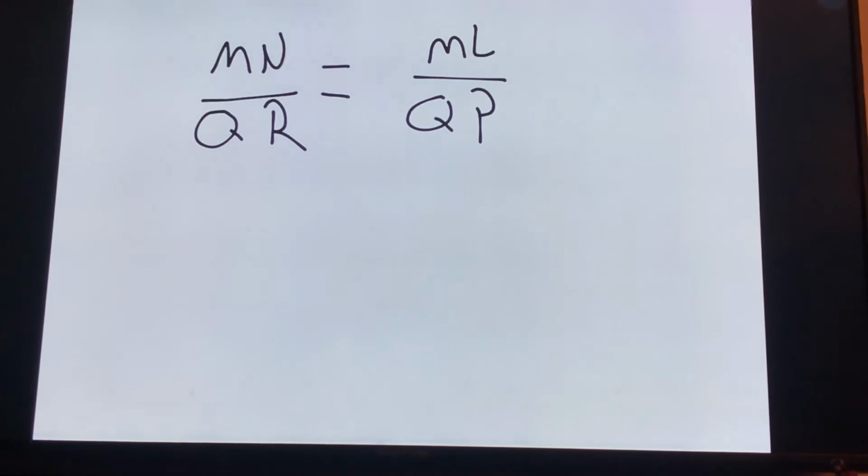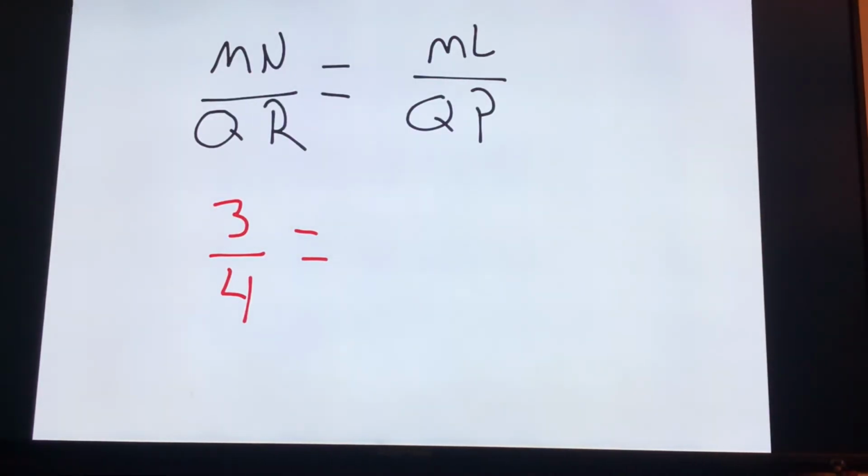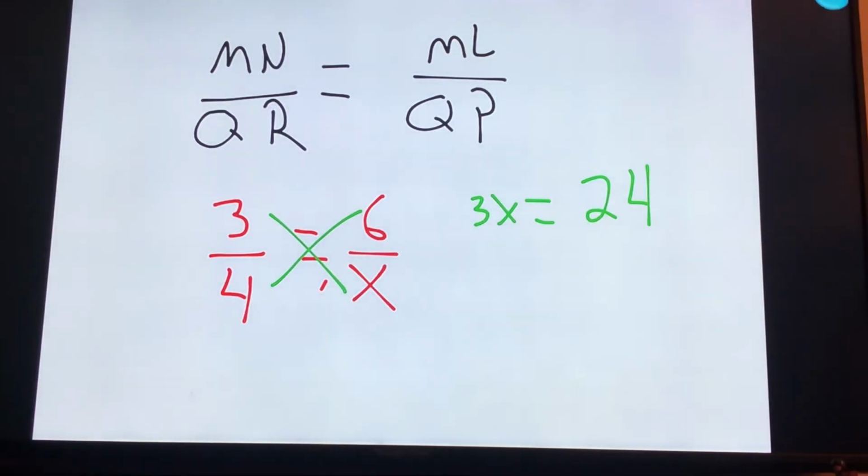So I need to put 3 over 4 equals, let's go back and look again, 6 and X. What do I need to do next? It looks like I need to cross multiply. So that gives me 3x equals 24, right? Then I divide by 3, and 1x gives me 8.